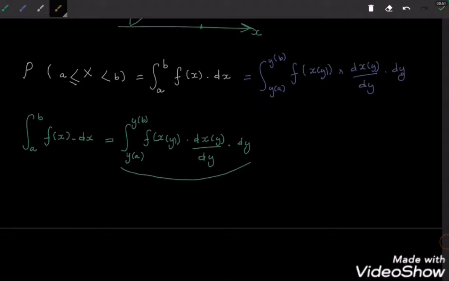Now, what we should note here is that this term right here is a function of y. This thing is a function of y. Just remember how we have transformed this integral to this integral.